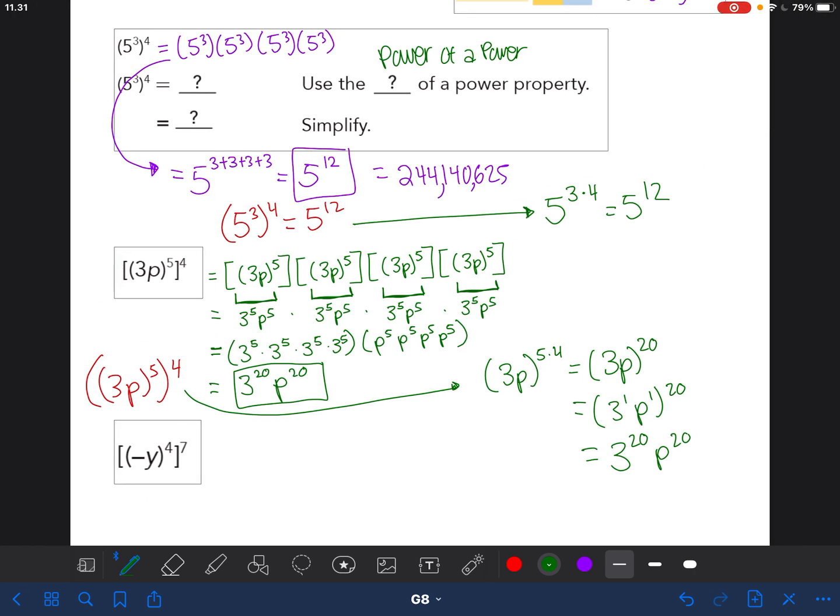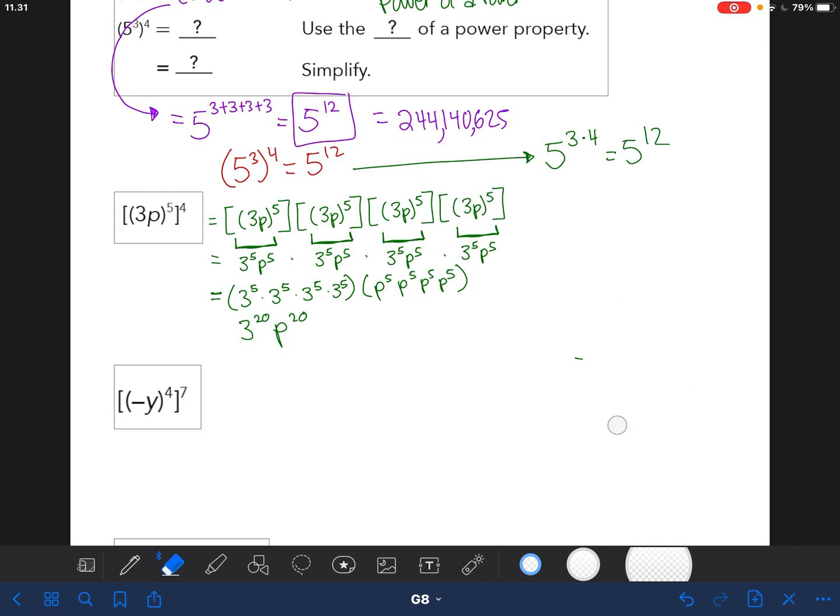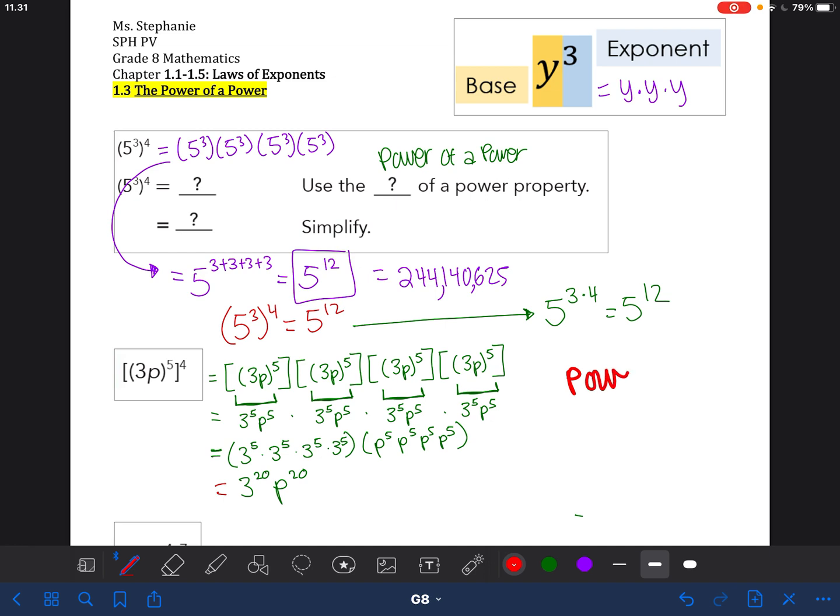So in general, let me rewrite this. In general, the power of a power is this: a to the power of n, to the power of m, is equal to a to the power of m times n.